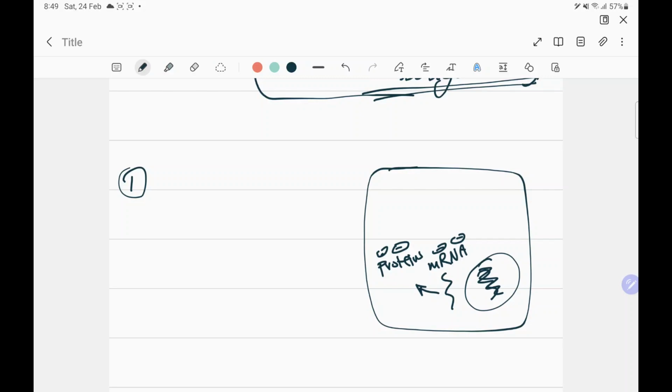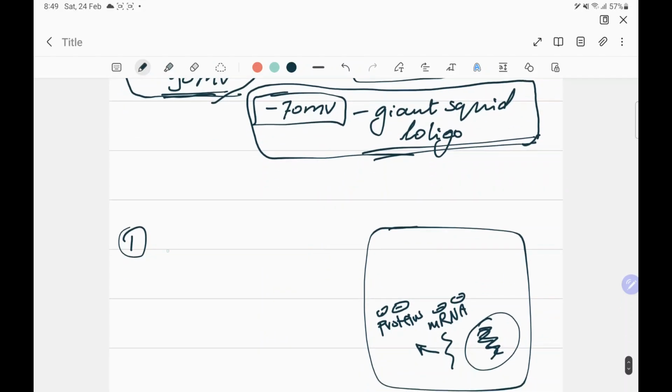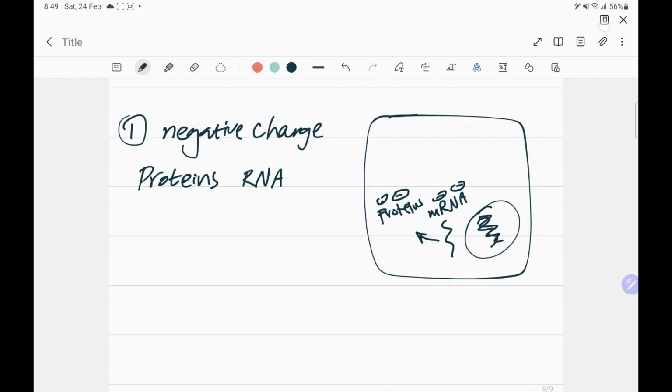So it contributes to that minus 90 millivolts in such a small quantity that we are just giving it an honorary position over here. So the negative charged big molecules, macromolecules, such as your proteins, different amino acids, and your RNA, and all these other big proteins.